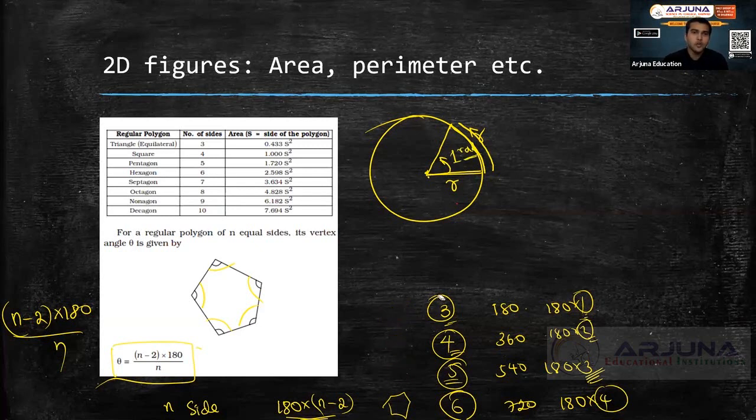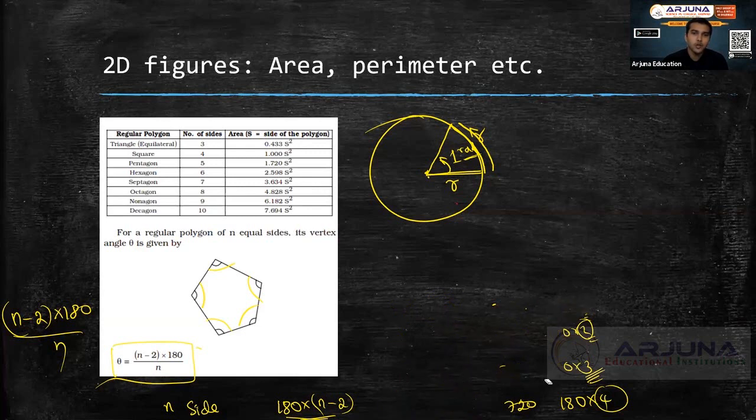Okay, so how do I compare it now? See, if I walk r distance, I will get 1 radian.